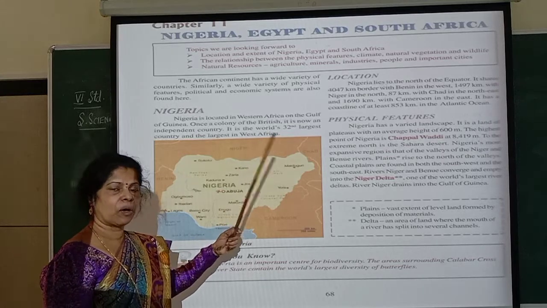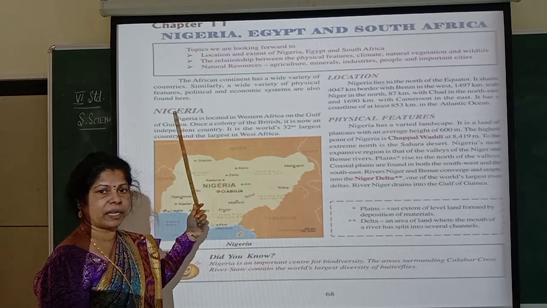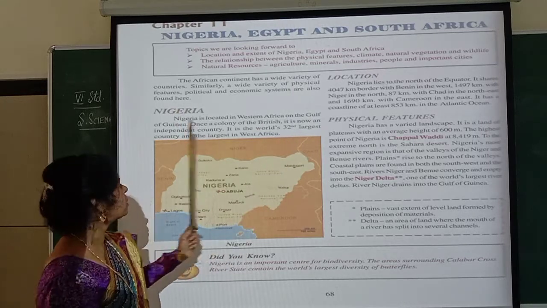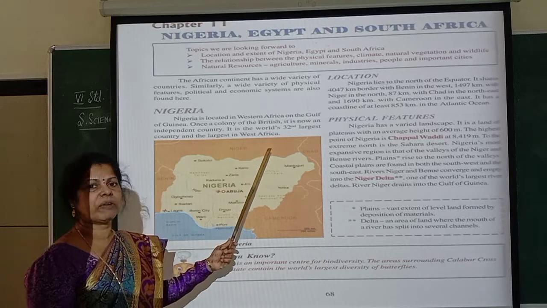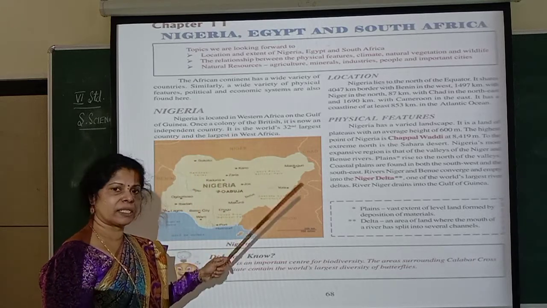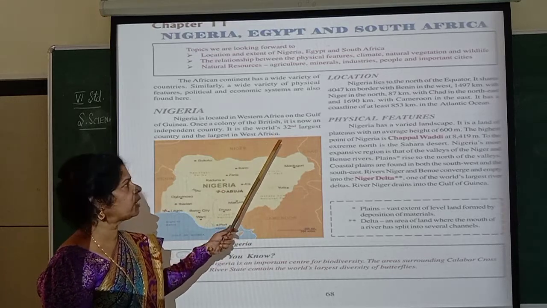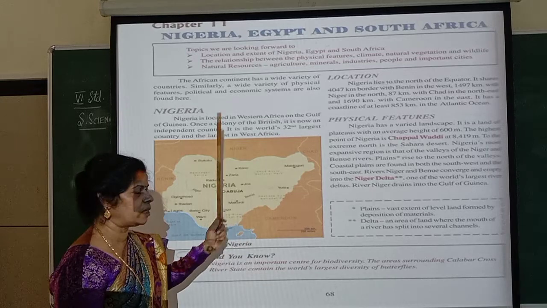If you take the whole world, out of that, Nigeria is the 32nd largest country. When you come to Western Africa, then this is the largest country, the first largest country. But throughout the world, it is the 32nd largest.